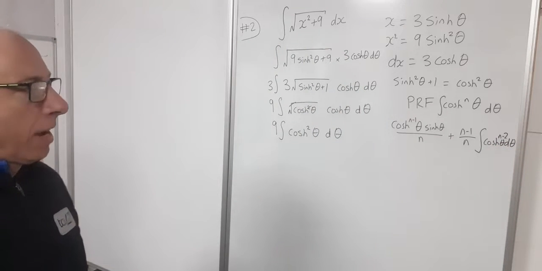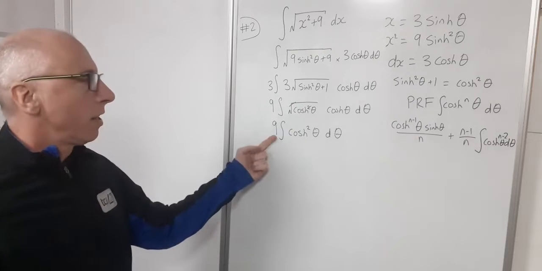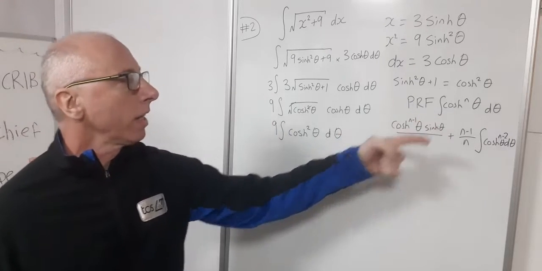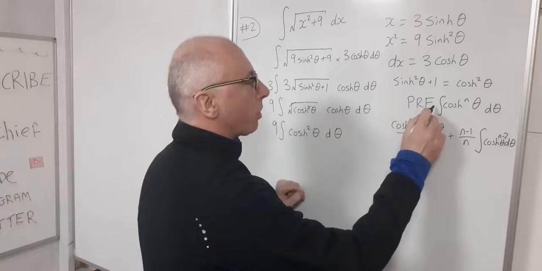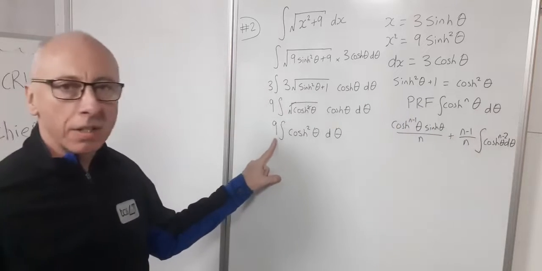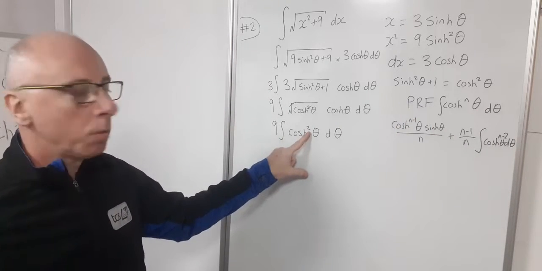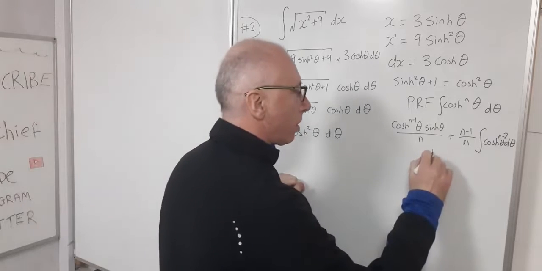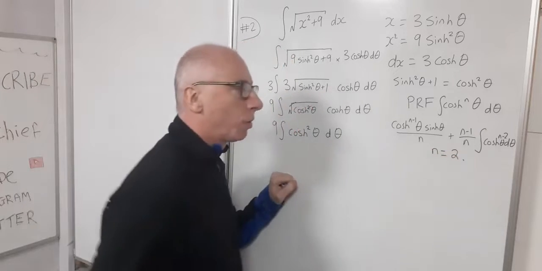Okay, now for this integral here, this would all have to be multiplied by 9. So my power reduction formula would all be multiplied by 9 as a constant multiple, and my n here will be 2. So for this I would have n equals 2.